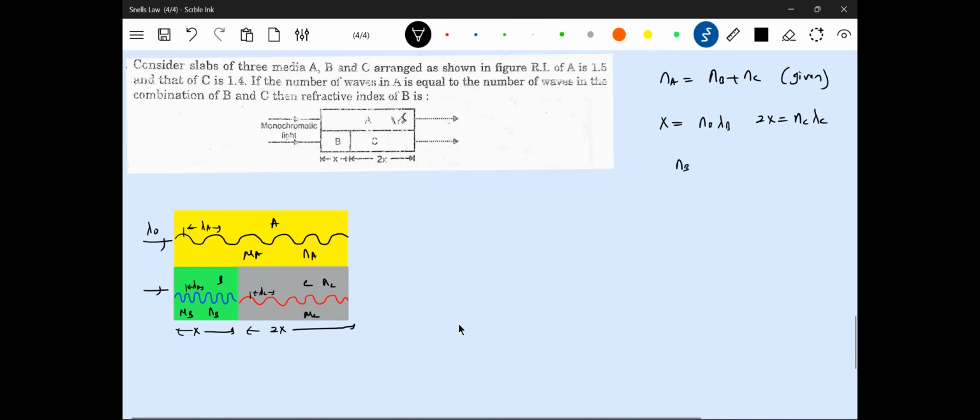Let me substitute here. 2 times NB lambda B should be equal to NC lambda C. Lambda B is equal to lambda naught by mu B. Lambda C is equal to lambda naught by mu C. So 2NB by mu B should be equal to NC by mu C. Let this be equation 1, and this be equation 2.